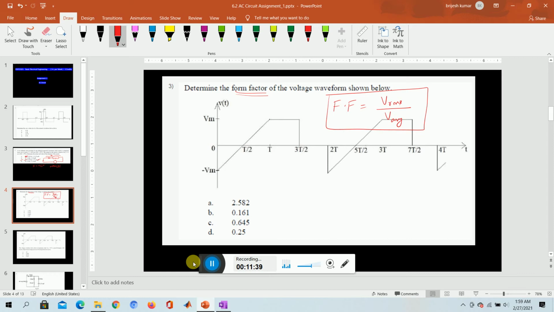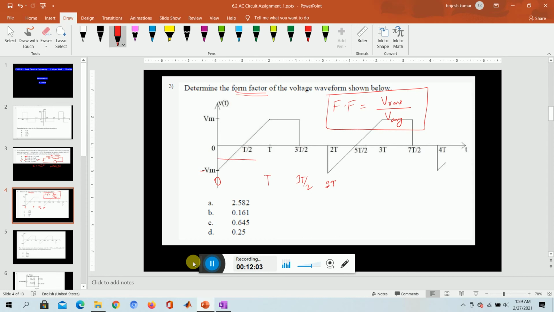So you need to find the RMS voltage of this particular waveform, and then the average value, and this is moving from minus Vm to plus Vm. It is at time t0 and time t. At time 3T by 2 it is settling up, and then from 2T it again has the same pattern.